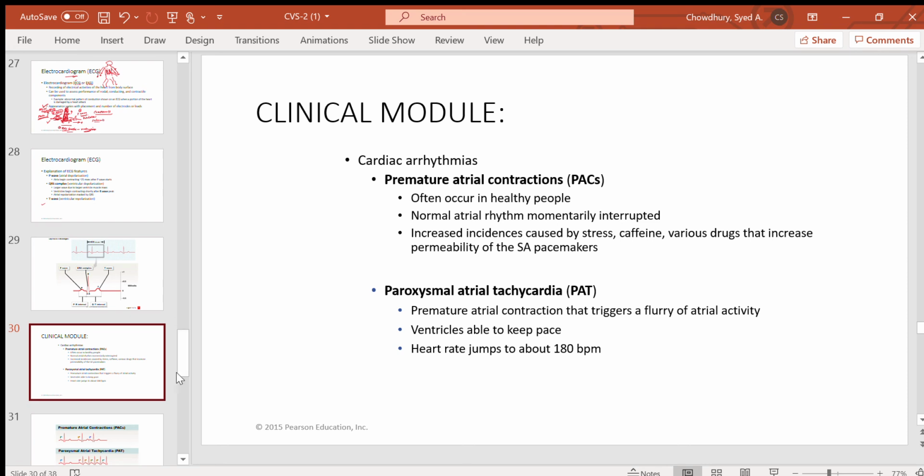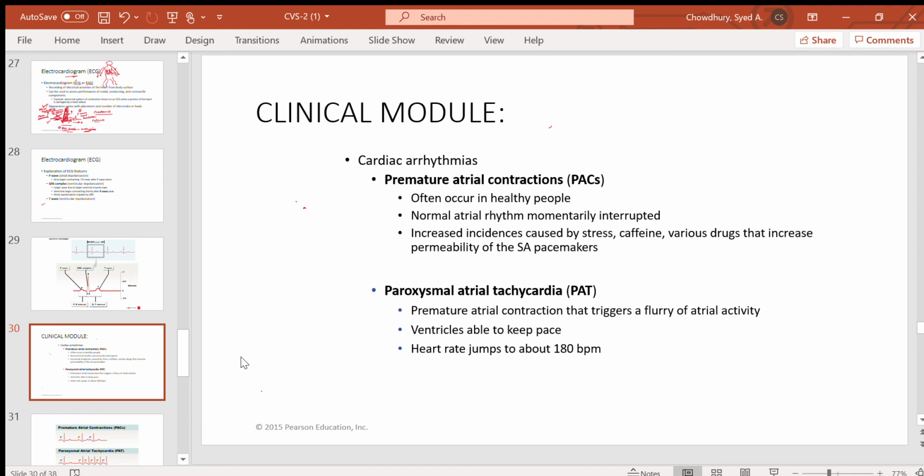Okay, a few clinical conditions. We have learned already a few: tachycardia, irregular heartbeat, right? Fast heartbeat is tachycardia, slow is bradycardia, irregular heartbeat is arrhythmia.